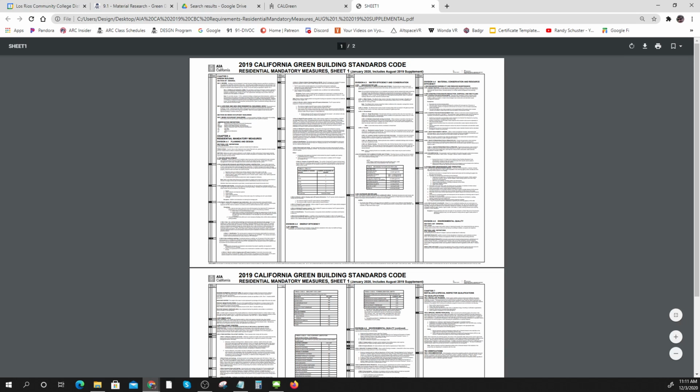And this is all about Cal Green residential mandatory measures for 2020. So if you're in that size and complexity of a residential project that requires it, they've made it kind of a checklist.